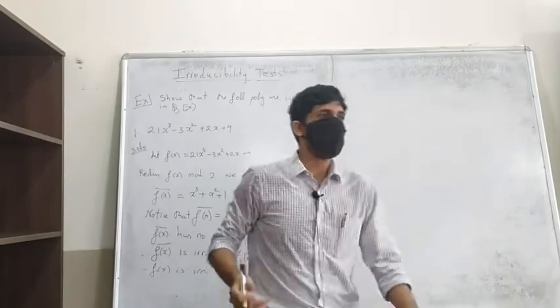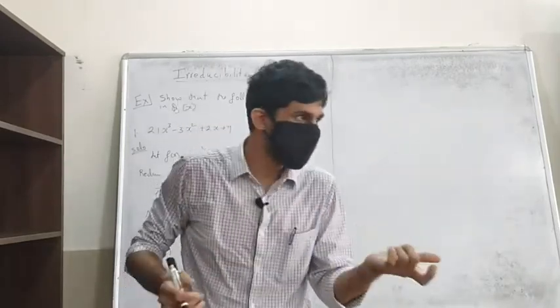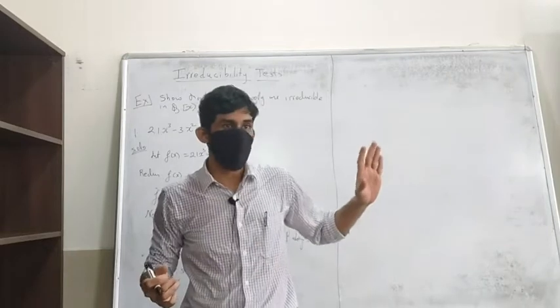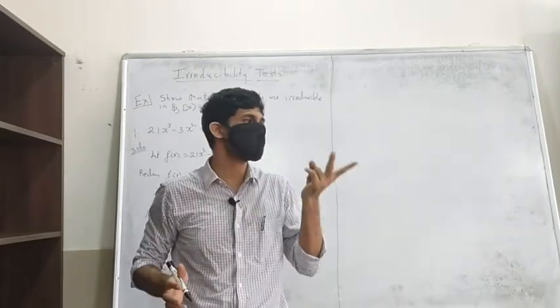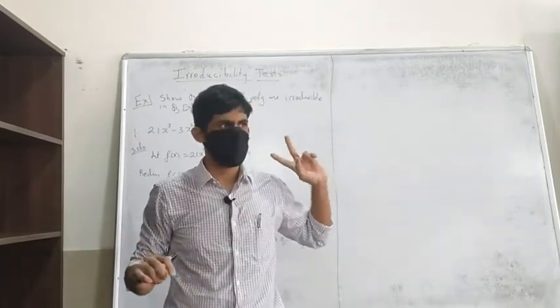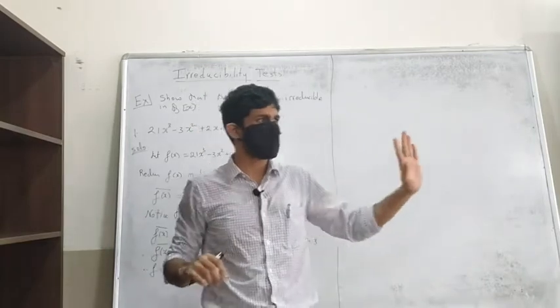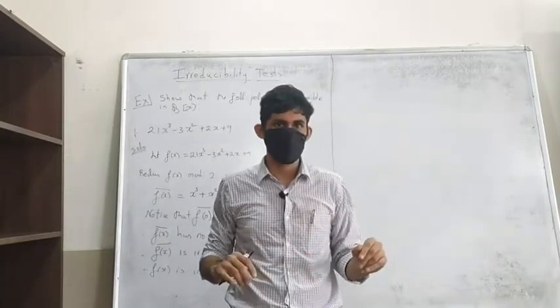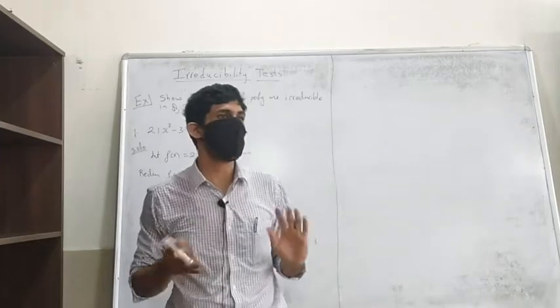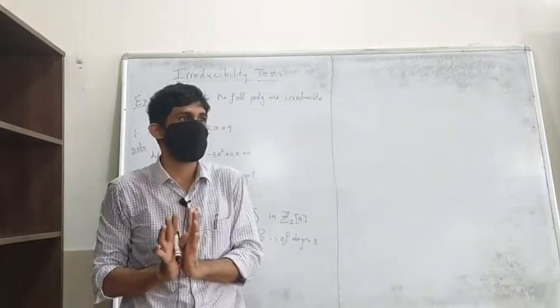See, if I give you a polynomial in Q, multiplying a non-zero C to it will not change its reducibility and irreducibility. Can everyone see that? Multiplying a constant will not change its reducibility and irreducibility.